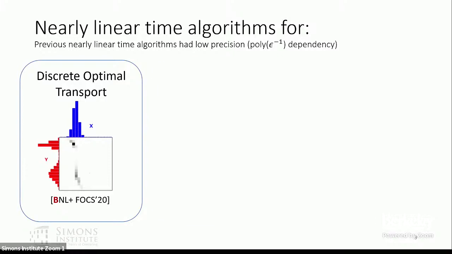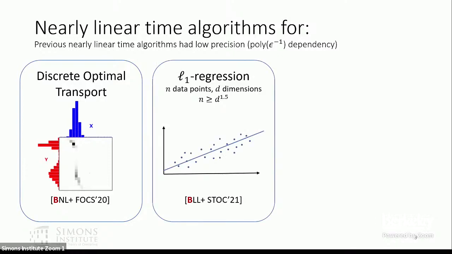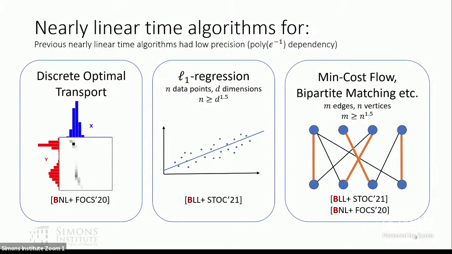We also get a nearly linear time algorithm for linear L1 regression, assuming that the number of data points that you have is at least d to the 1.5, where d is the dimension. So if you have a lot of points, you can now solve this in nearly linear time. And you can also apply this to things like min-cost flow, bipartite matching, negative weight shortest paths. These things can also now be solved in nearly linear time, assuming you have enough edges in your graph, at least roughly n to the 1.5.